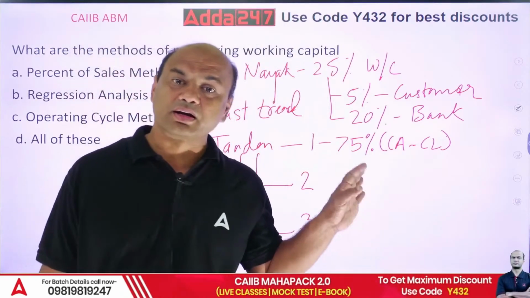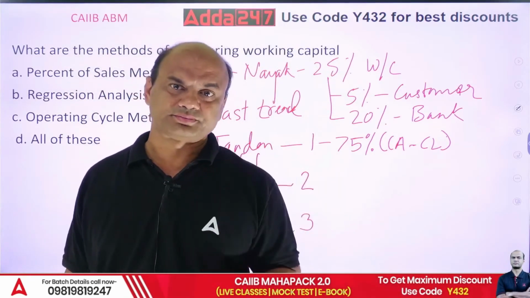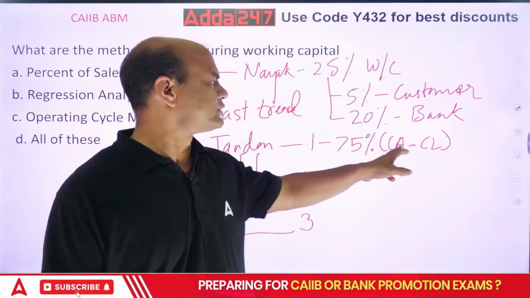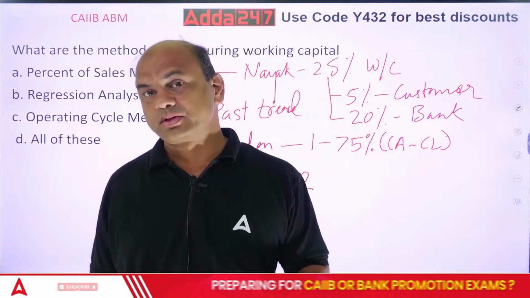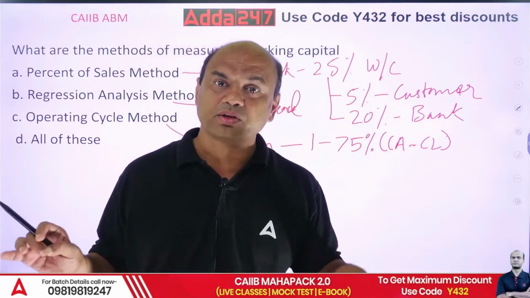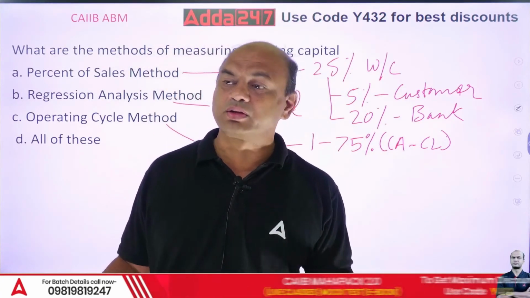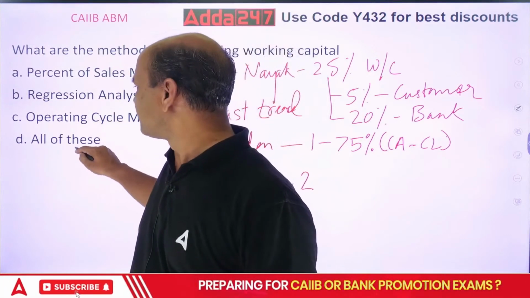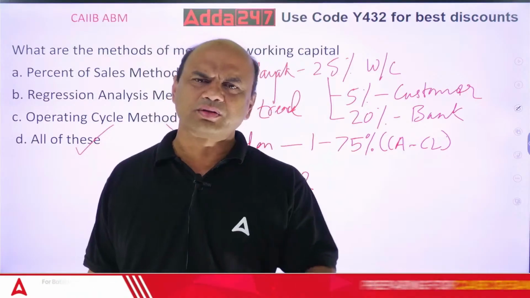This is your Tandon Committee method 1. This method is known as working capital gap. This is a sort of case study, you are studying in detail over here. The answer is all of these.